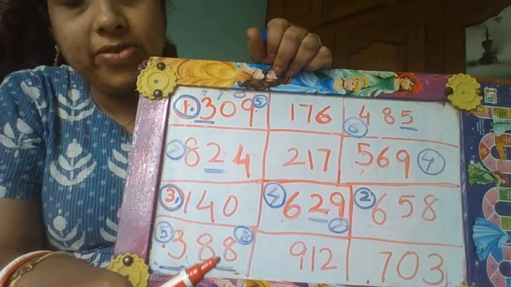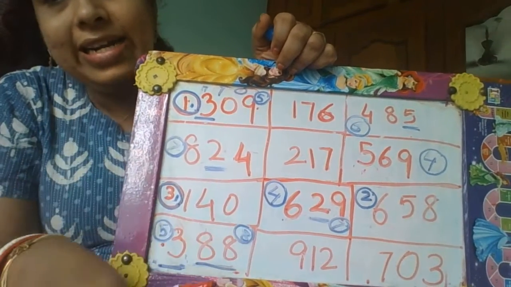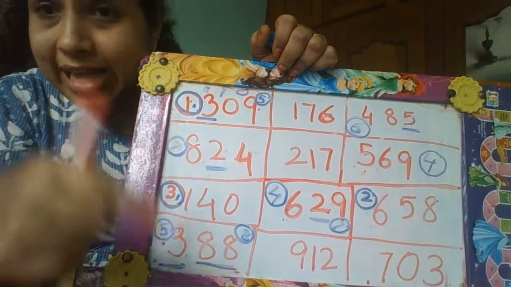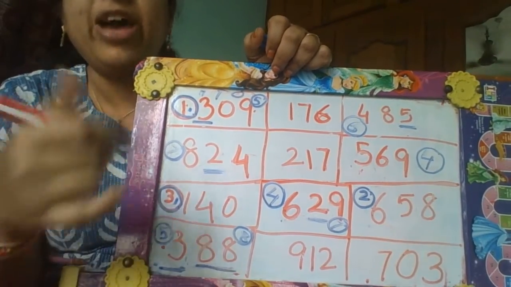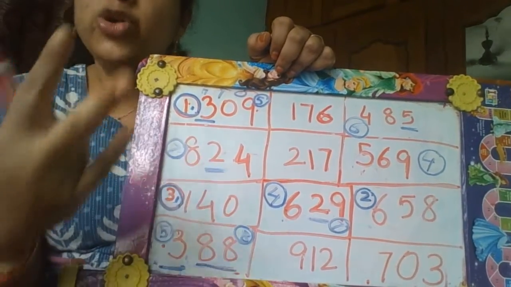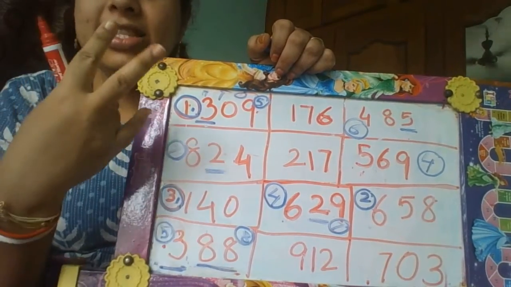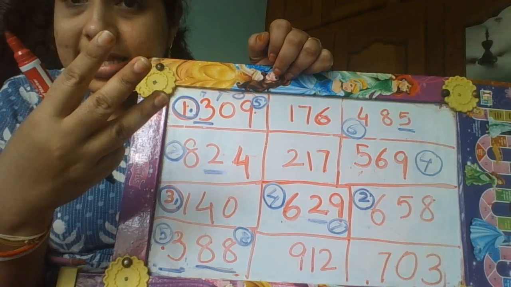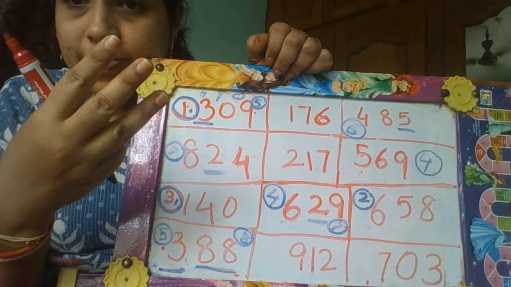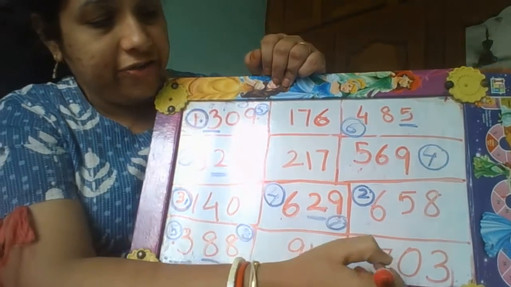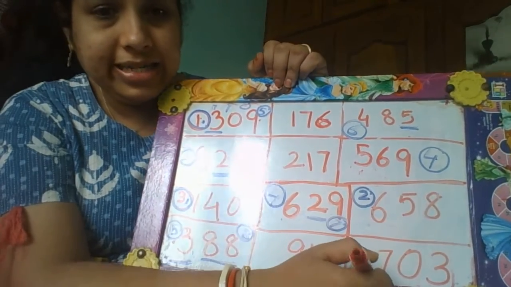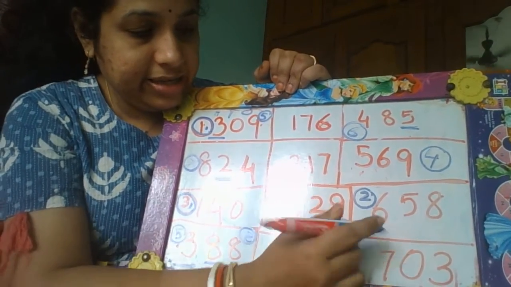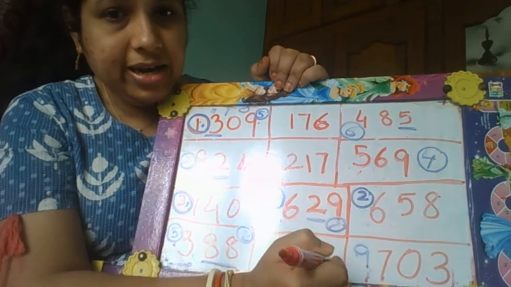Here the question is less than 10 away from 700. Less than 10 means it can be 5 less, 4 less, 2 less, 6 less, 3 less. So 3 away from 700 is 703. This is the last one.